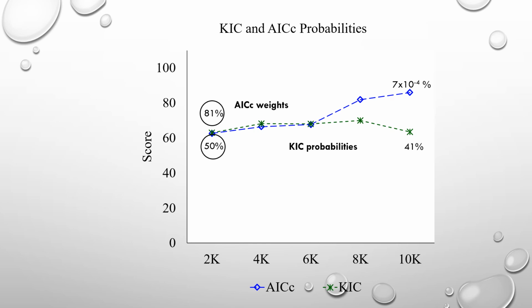However, because of the penalties imposed by AICc for this particular problem, for the most complex model, there's an extremely low probability that that model represents the true but unknown system. So you can get very different results, and it also depends on your particular problem and your particular set of models that you're using.